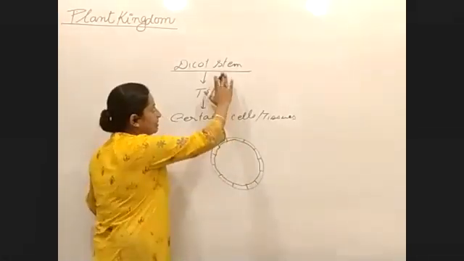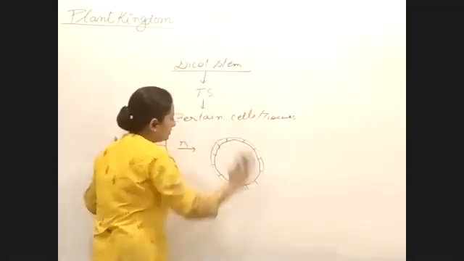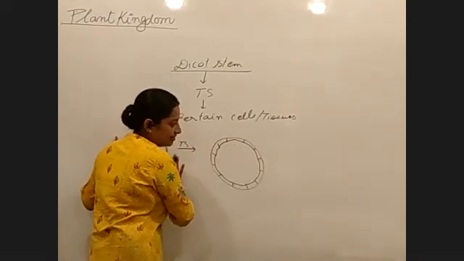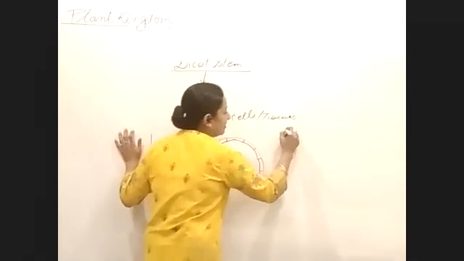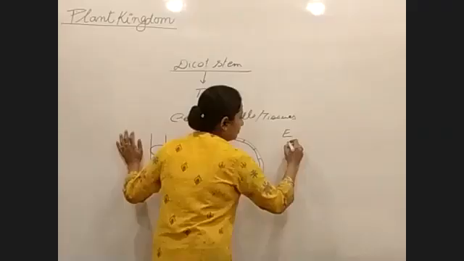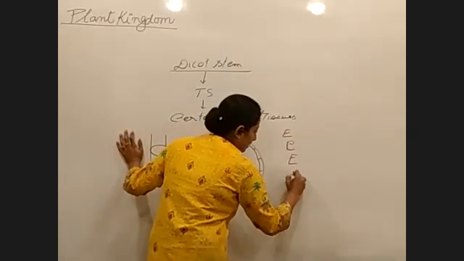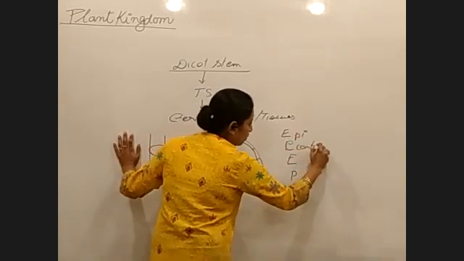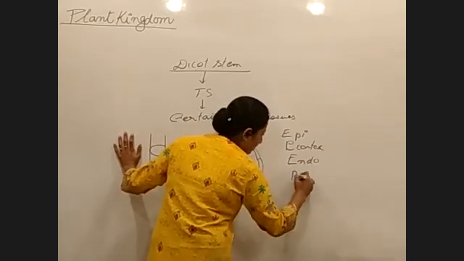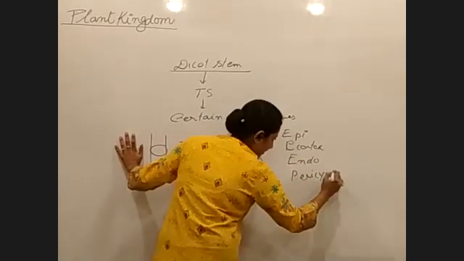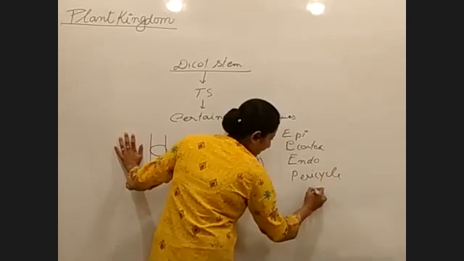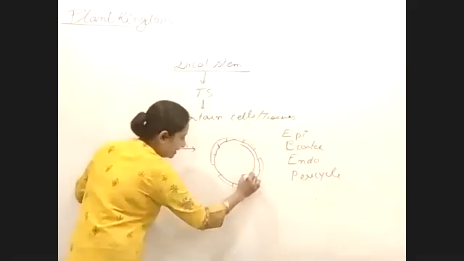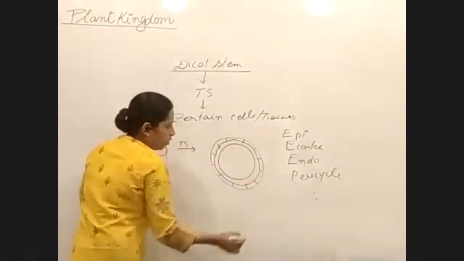To explain, we are taking the example of a dicot stem. When we cut a TS of a dicot stem, we see certain tissues arranged in a particular way. As I have said before, there is the epidermis, then the cortex, then the endodermis, then the pericycle. The round of cells inner to the epidermis would be the cortex.